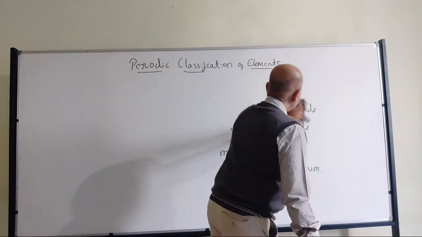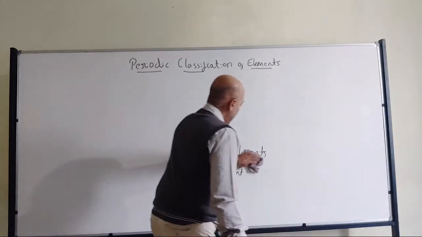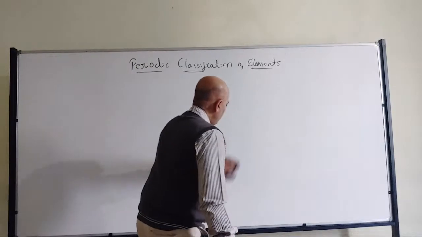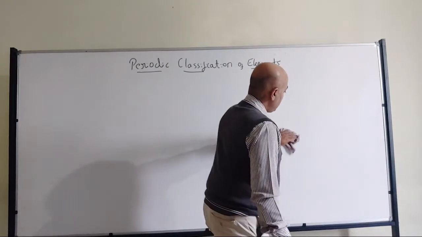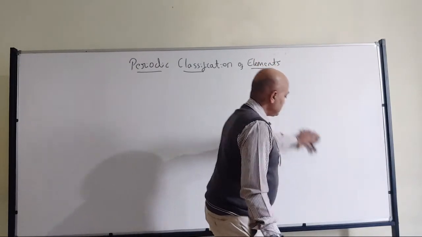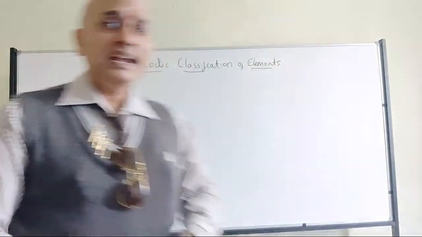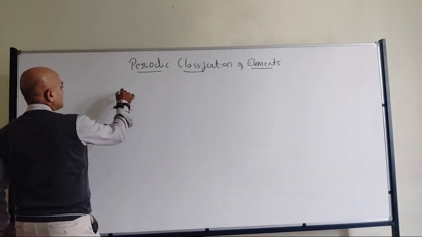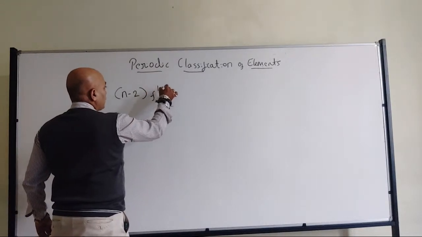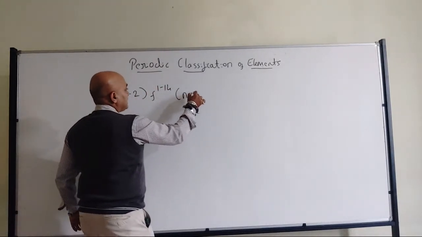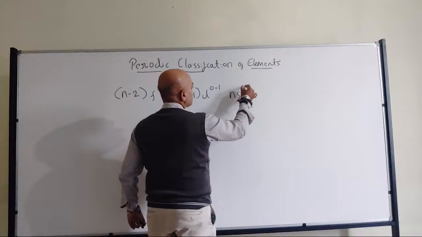When it comes to F block elements, the general electronic configuration will be (n-2)f 1 to 14, (n-1)d 0 to 1, and ns2.